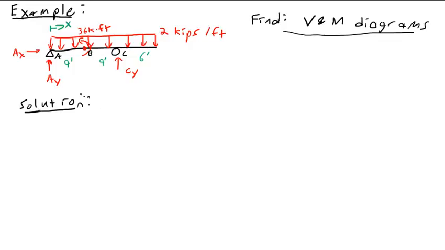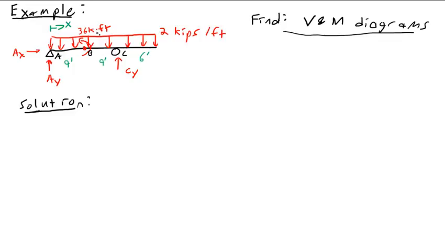So the first thing I'm going to do is find a reaction. In order to do this, I need to recognize that a distributed load can be replaced by an equivalent load at that load's centroid. Okay? A distributed load can be replaced by an equivalent load at that load's centroid.